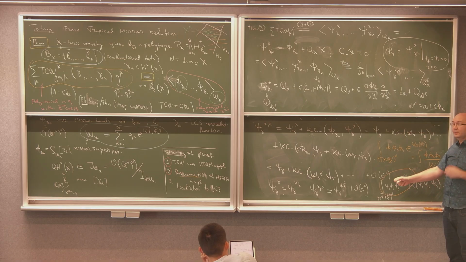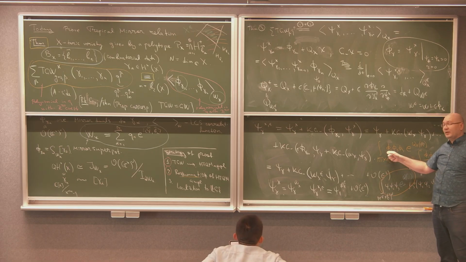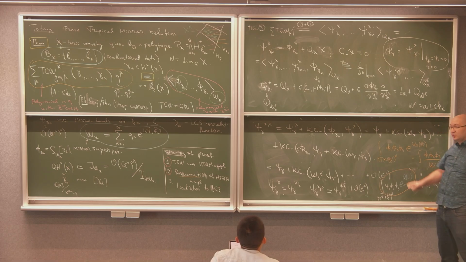So we can play this trick of replacing psi's by a special representative phi, which is a function of y only, and computing this integral will localize us to some residue formula.